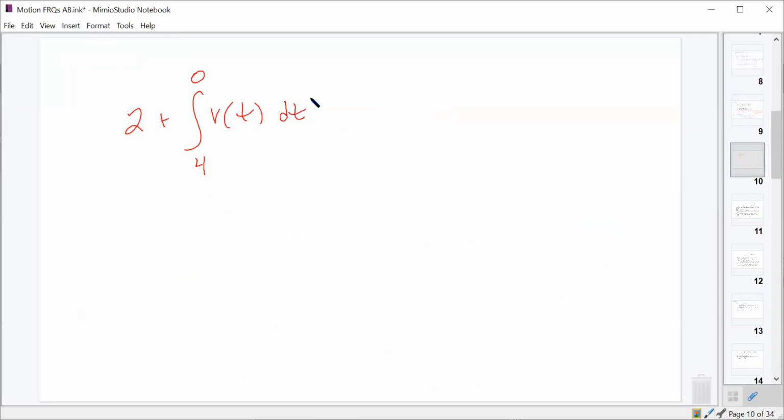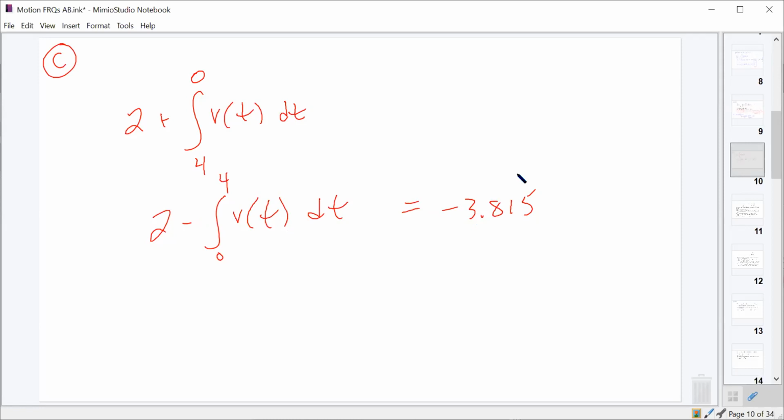If you prefer to write this the other way around, you can flip the limits if you want, but it doesn't really matter. And then your calculator will just evaluate that for you. It comes out to be negative 3.815. And that was worth 3 points, 1 for having the right integral set up, 1 for the initial condition, and 1 for the answer. Any questions there on part C?